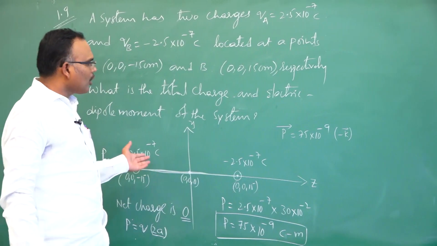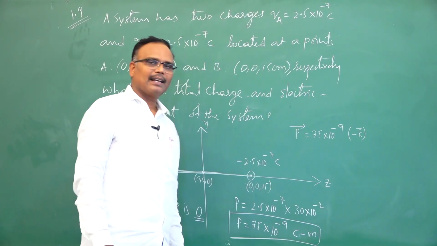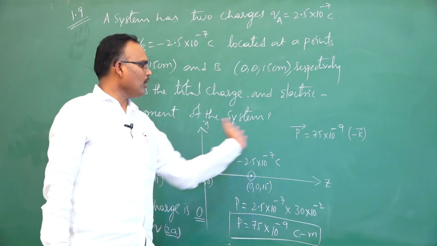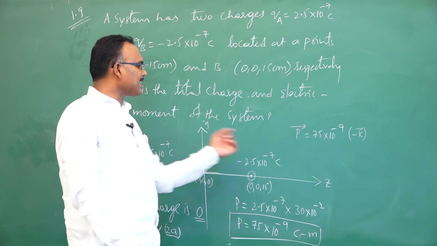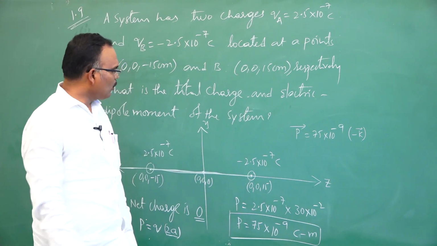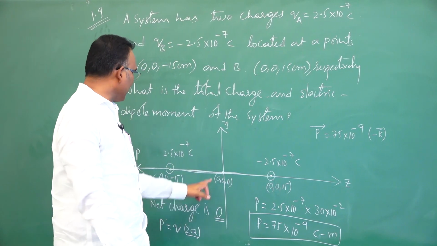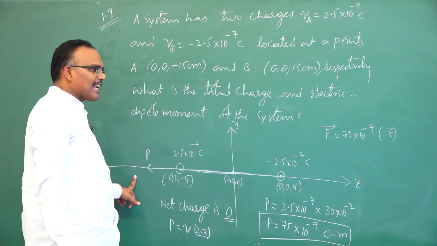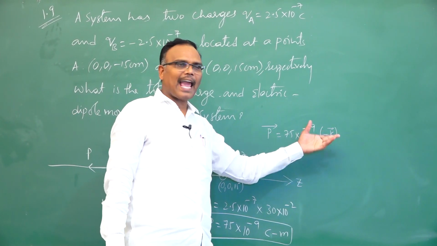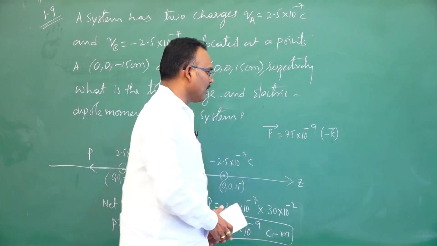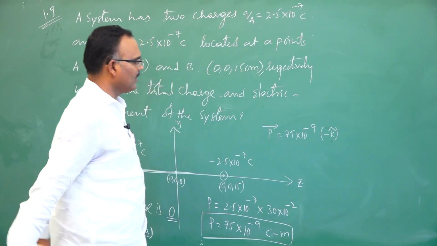Because usually in standard notation the unit vector along the z-axis is k cap, the unit vector along the x-axis is i cap, the unit vector along the y-axis is j cap, we know. But here dipole moment is along the negative z-axis. So that's why I can represent it with minus k cap or minus k bar, whichever you like. There is no difference.